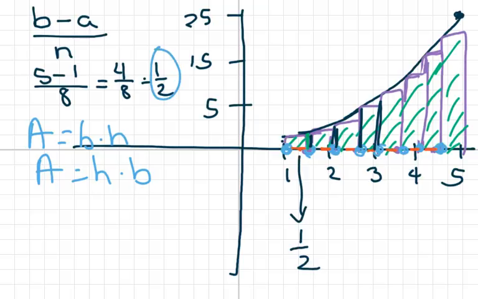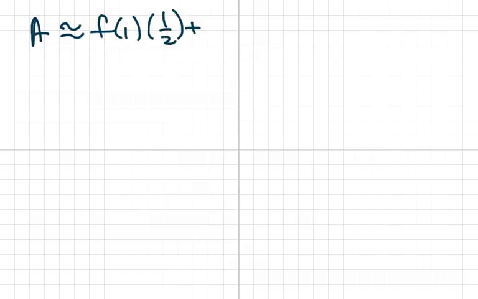That's from here. So I'm going to go to the next page and do that. So for the area, it's approximately, again, f of 1 times 1/2 plus f of 1.5.